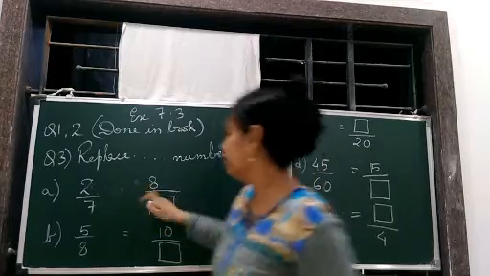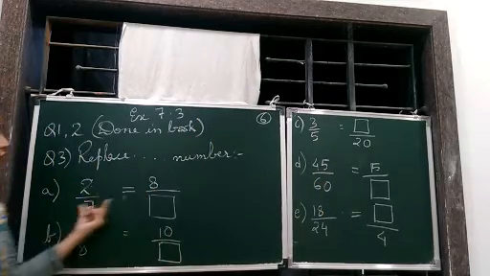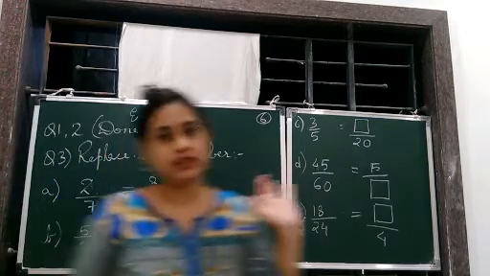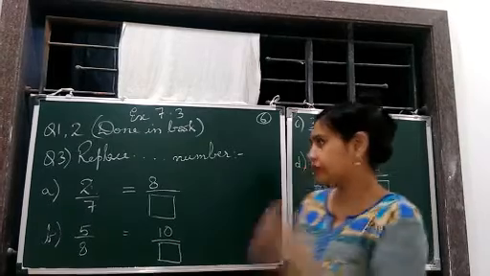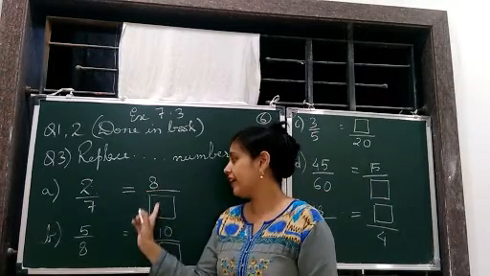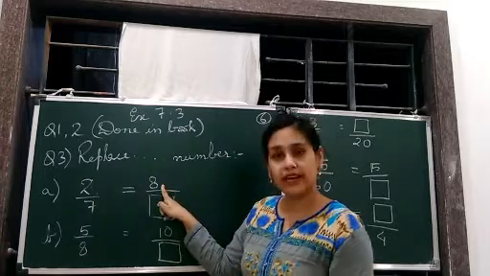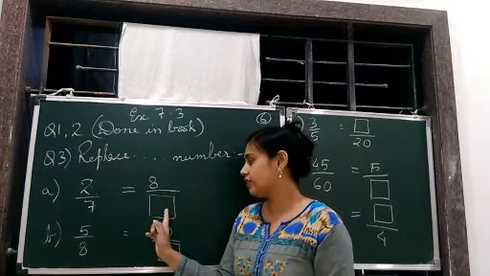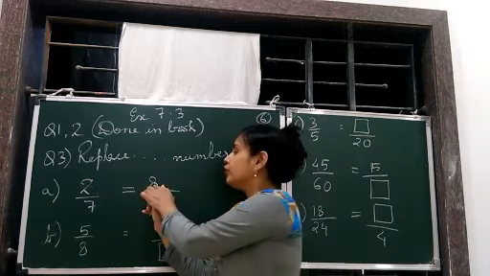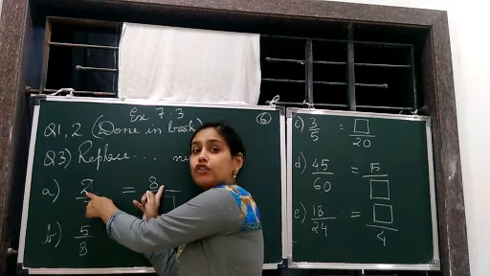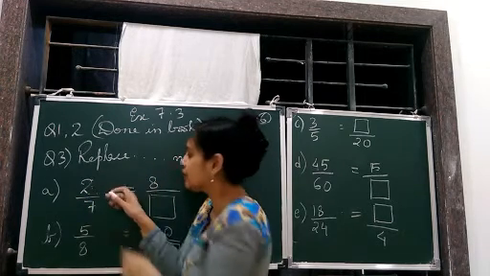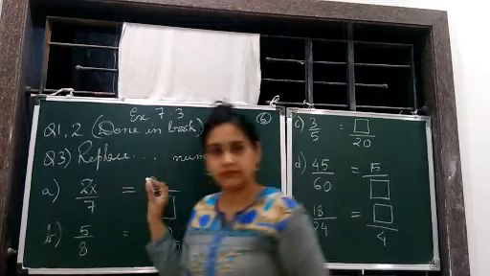So, children, you can see this is a fraction with an equal to sign, so obviously both are equivalent fractions, right? Now, you need to see whether the numerator or the denominator is given on the right hand side. Numerator is given. If it is greater than this numerator, that means you have to multiply here, okay?